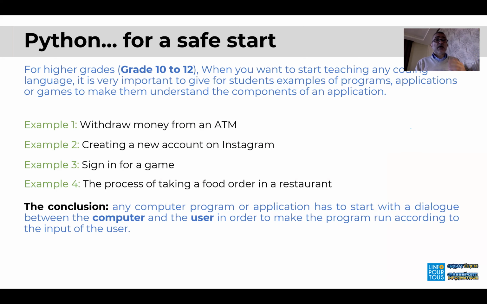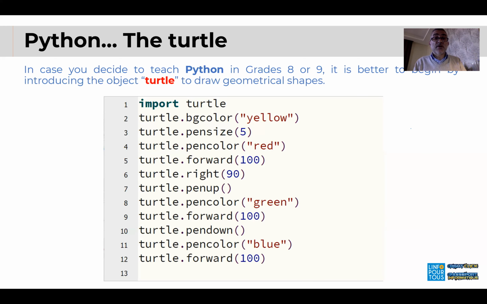Then after this introduction to the turtle, of course, you give them many examples of geometrical shapes to draw. By the end of this session, I will prepare a set of exercises and send them to you to keep in your library. Whenever you want to do them with your students, you can.